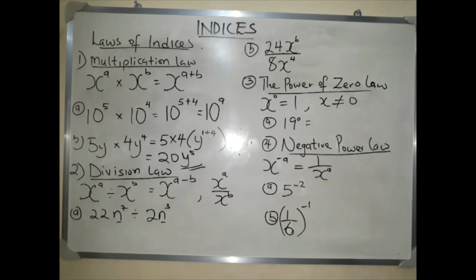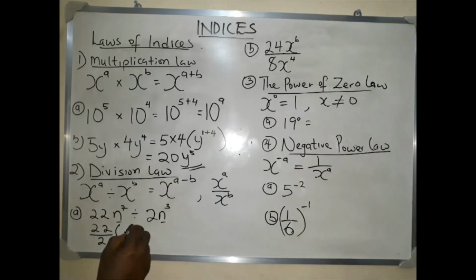So in this case, what you're going to do, you're going to say 22 divided by 2. And then you now take your n. The law says that if you have two similar terms and you are asked to divide them, then you subtract their indices.